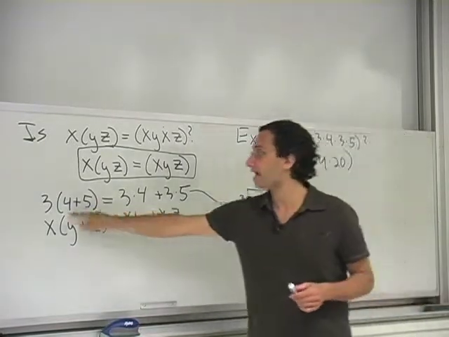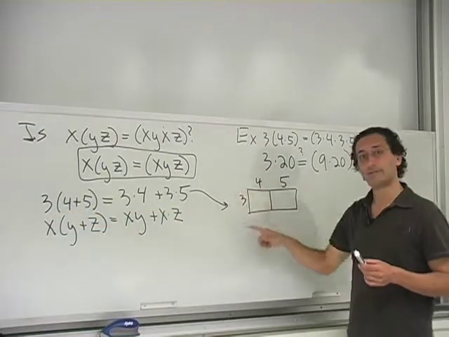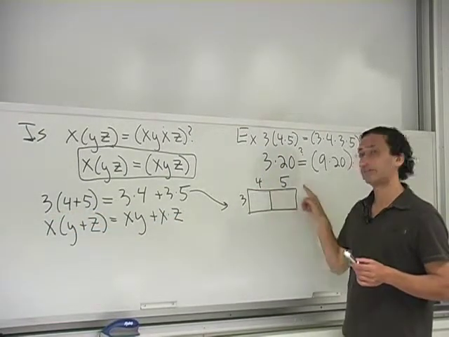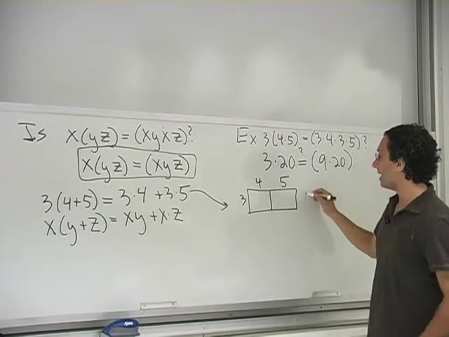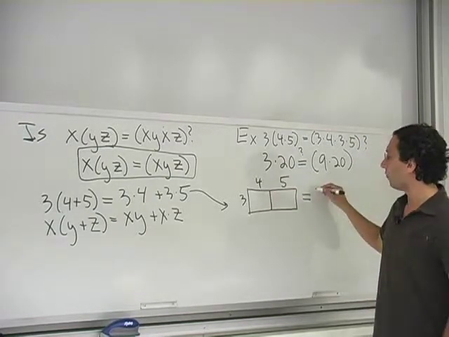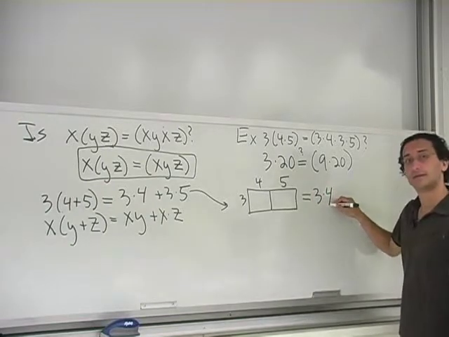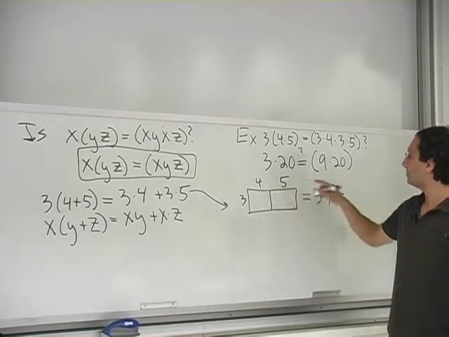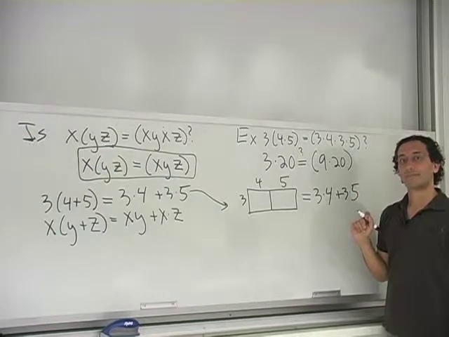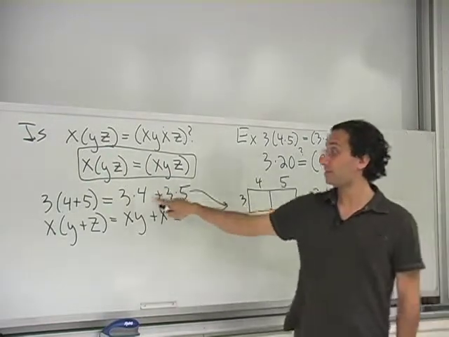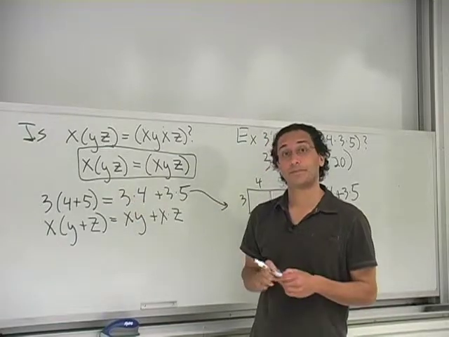The left-hand side is then the area of this box, 3 times 4 plus 5. But isn't that the same area as 3 times 4, in other words, the first box, plus 3 times 5, the second box? So that's why this sort of statement is true.